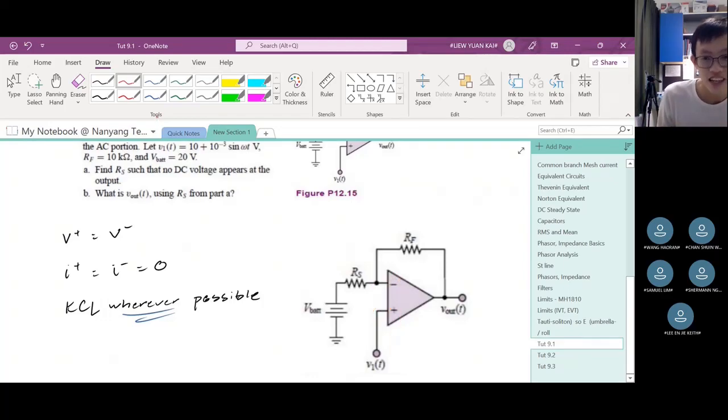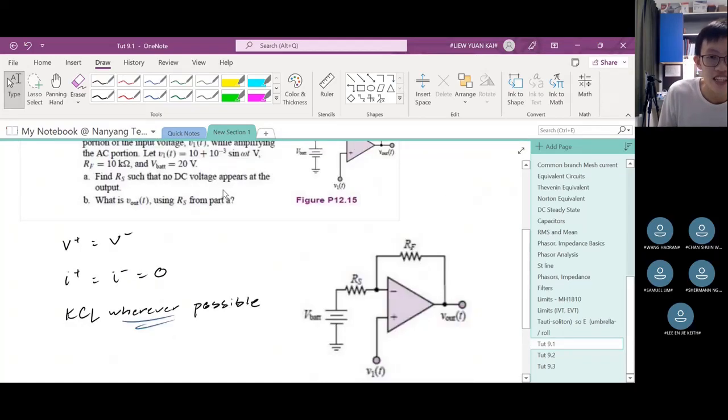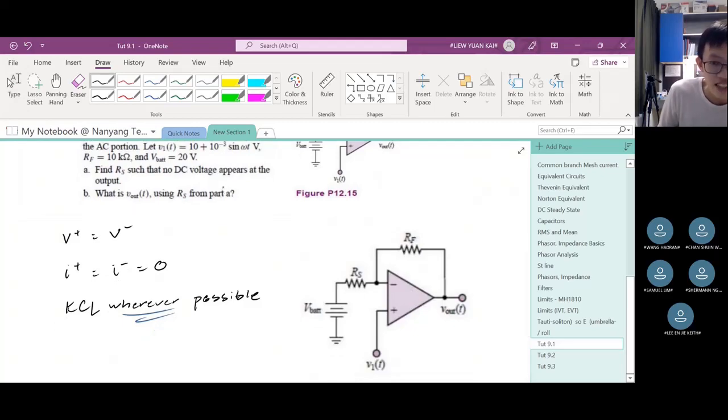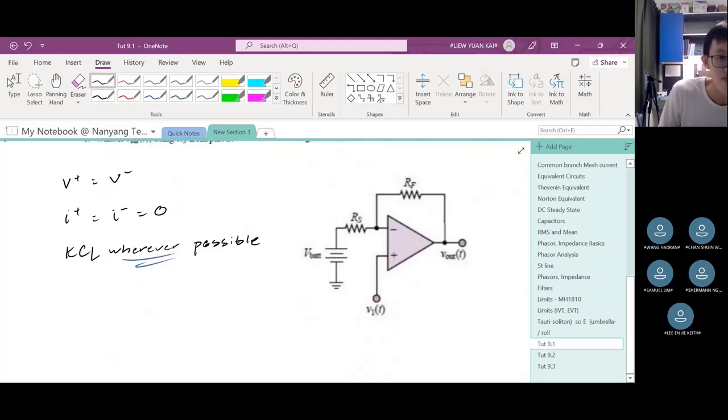Another fact is I plus equals I minus equals 0. This one must always come with I plus equals I minus equals 0. Here there's always a 0, always. But here it's not necessarily 0. With that in mind, let us start. With these 3 facts, we can start to do the KCL wherever possible. So emphasis again, please take these 3 steps with you to the grave.